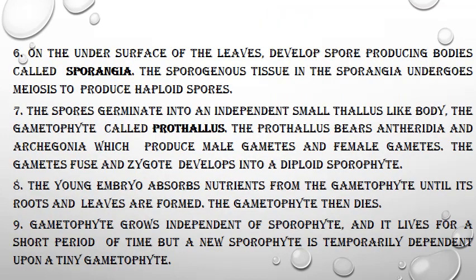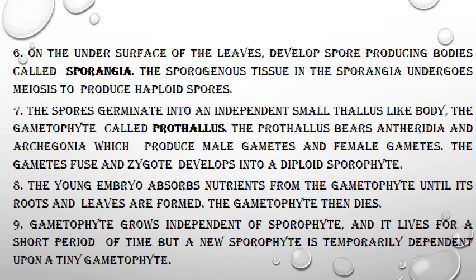On the undersurface of the leaves develop spore producing bodies called sporangia. The sporogenous tissue in the sporangia undergoes meiosis to produce haploid spores. The spores germinate into an independent small thallus-like body, the gametophyte called prothallus.